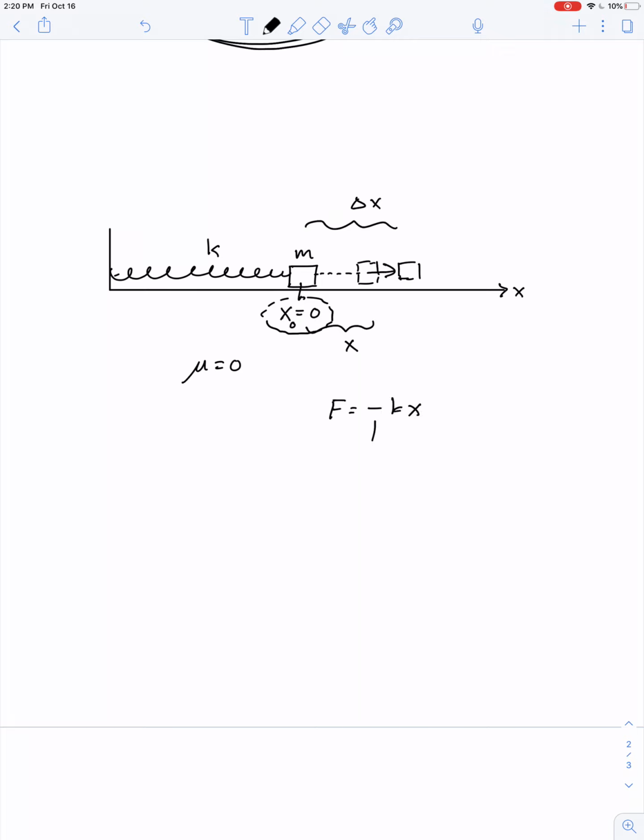The reason for the negative sign, the force exerted by the spring would pull to the left even though the displacement was to the right, and vice versa.